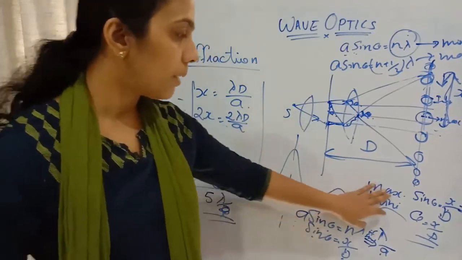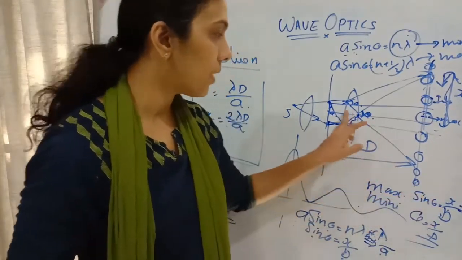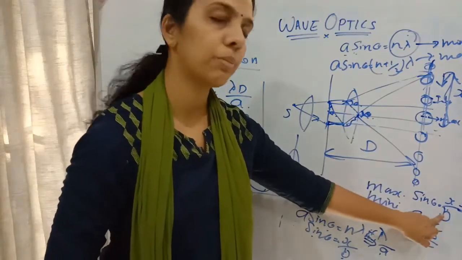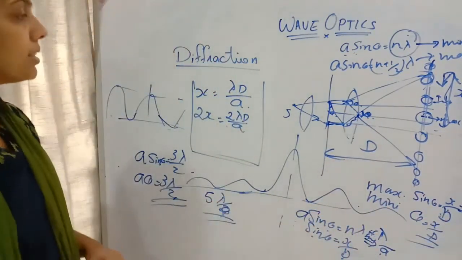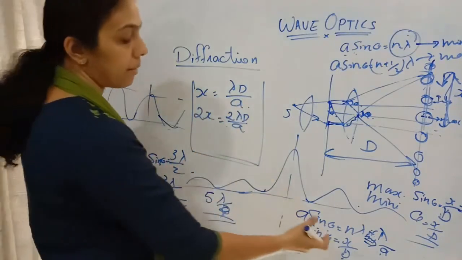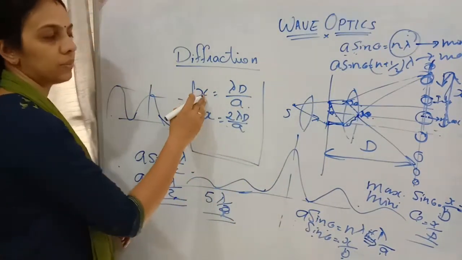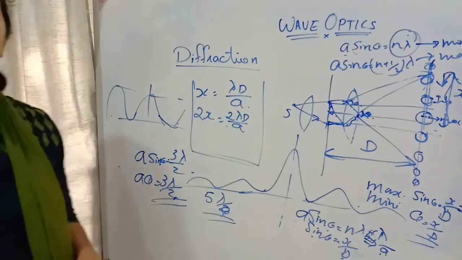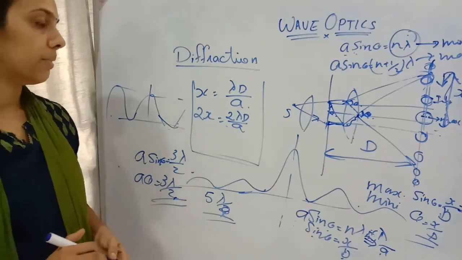From the diagram, sin theta equals x by D, so x by D equals lambda by a. Therefore x equals lambda D by a, and 2x equals 2 lambda D by a.